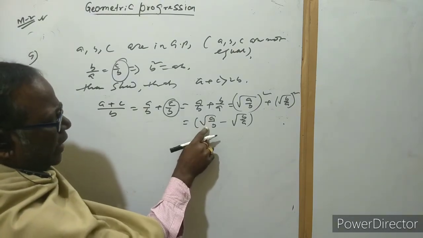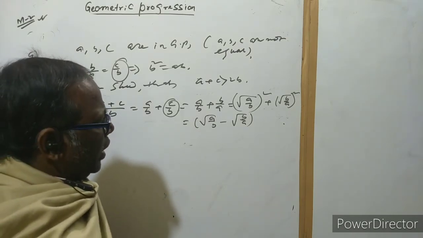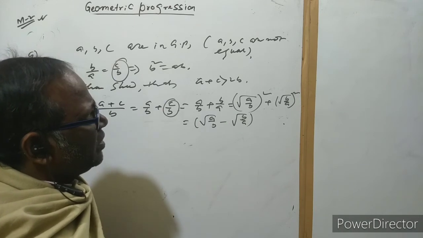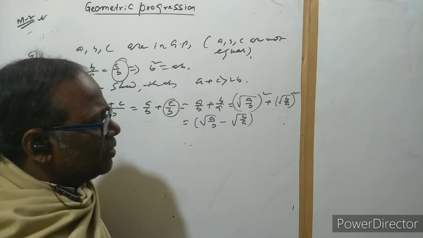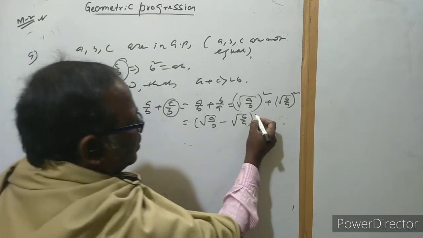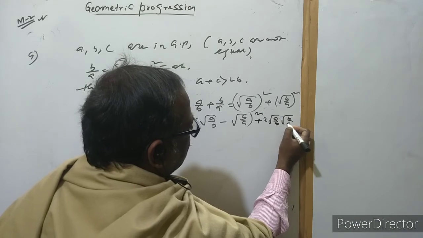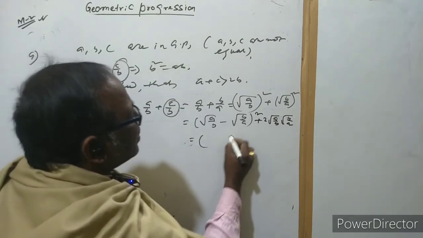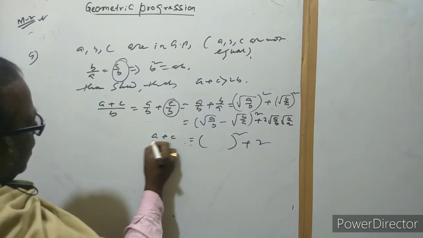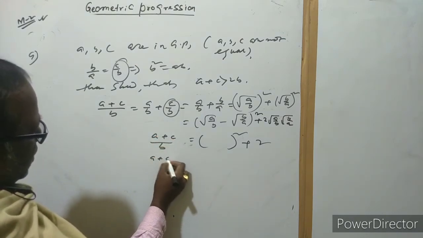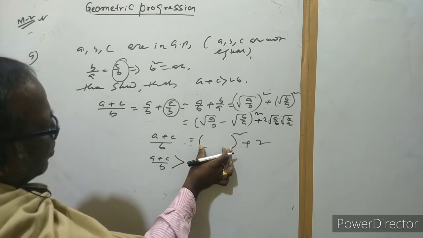So as we wrote the root, we need to know whether A and B are positive or not. It is given that ABC are positive real numbers, it is in the question. So this is a square and twice AB, 2, root over B by A also. Now see, this is whole square plus 2. So easily A plus C by B is more than, as a square is never negative.